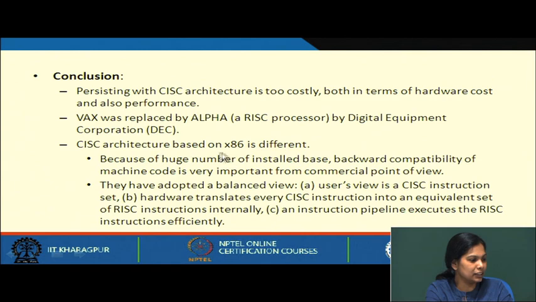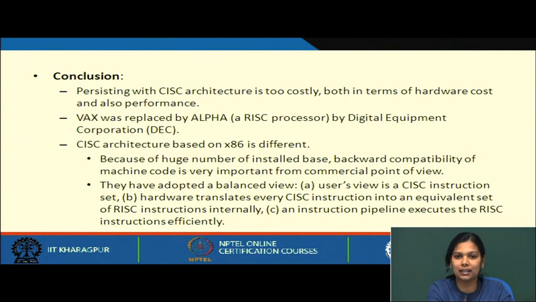CISC architecture based on x86 is different. How is it different? Because of the huge installation base, backward compatibility of the machine code is very important from a commercial point of view. When the x86 series came up, they were the sole authority in the market, so there was a large installed base and it required backward compatibility.